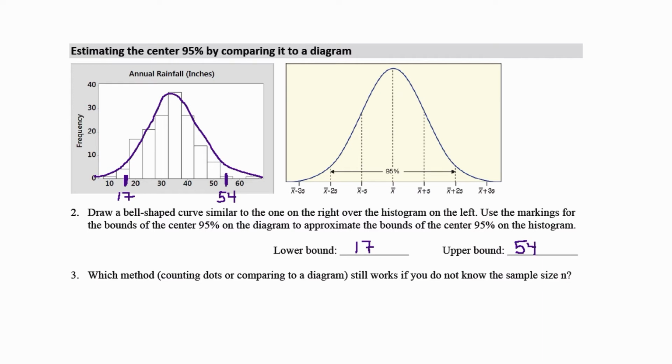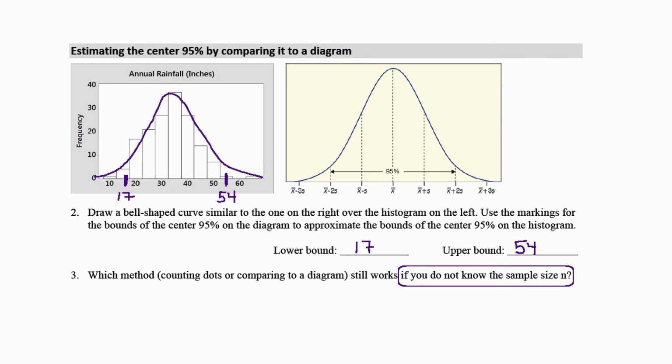You might find that you prefer one of these methods to the other, but you also would notice that if you don't know the sample size n, you really can't calculate how many observations should be in each tail and count in from the edges, and you really have to be able to just try an approach that's a little bit more like this and wing it, right?